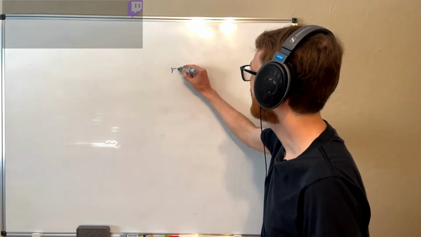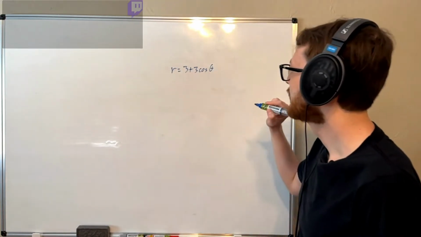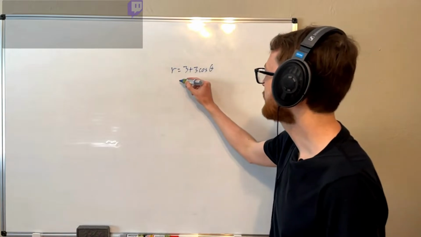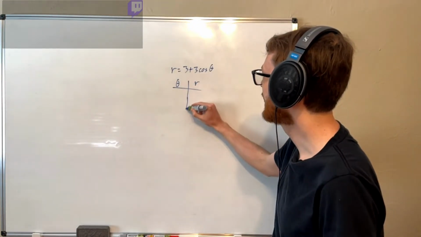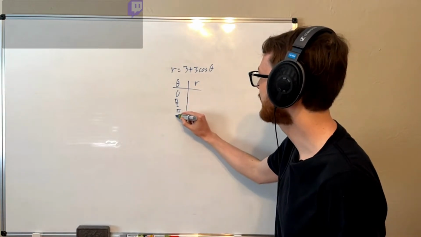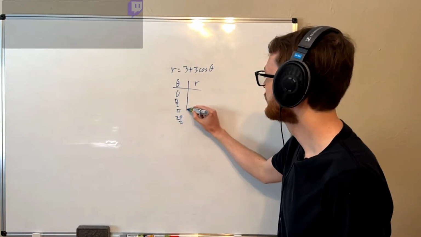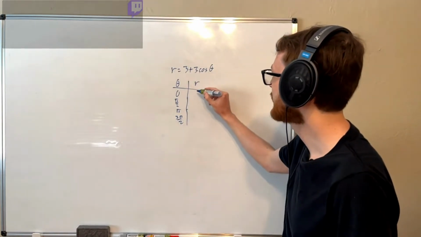So if you have r equals 3 plus 3 cosine theta, let's plug in some test points and see how far we can get with the easy ones. So for theta, let's do 0, pi over 2, pi, and 3 pi over 2. Cosine of 0 is 1, so 3 plus 3 is 6.